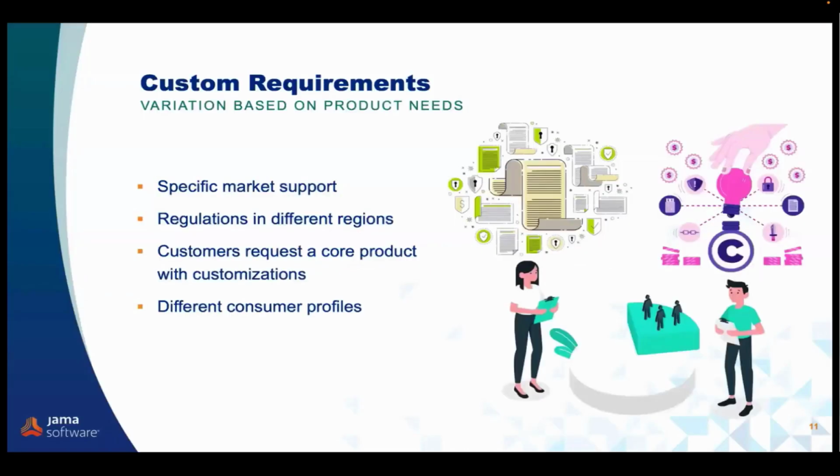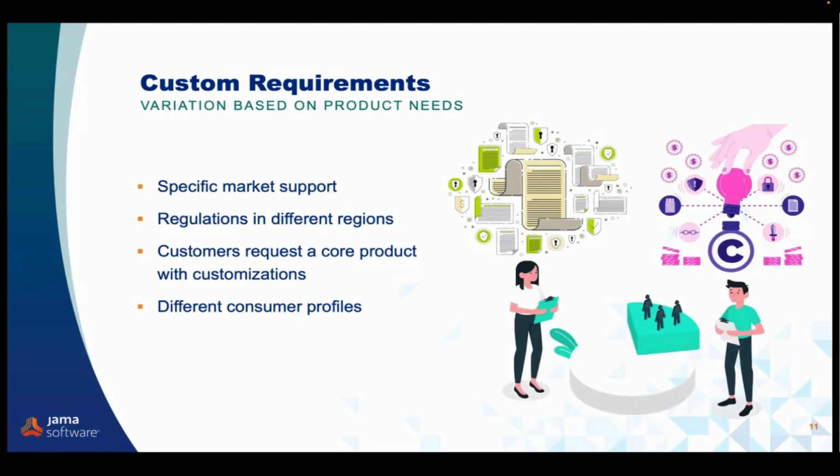The first case is related to high-level requirements, and in this case, I'll call it the use case custom requirements. Those high-level requirements need to change for a given project. These input requirements could be things like specific market support for different markets that your product is in. It could also be different regulations for different regions where your product is located and they have to go by different standards.